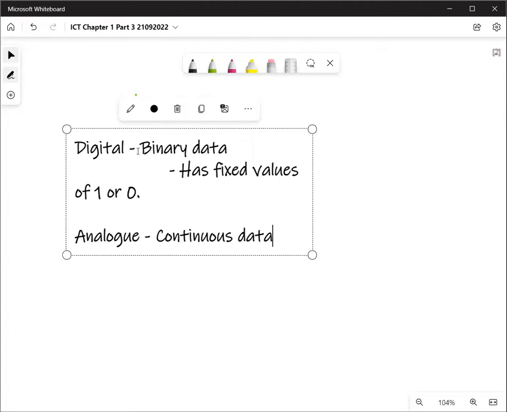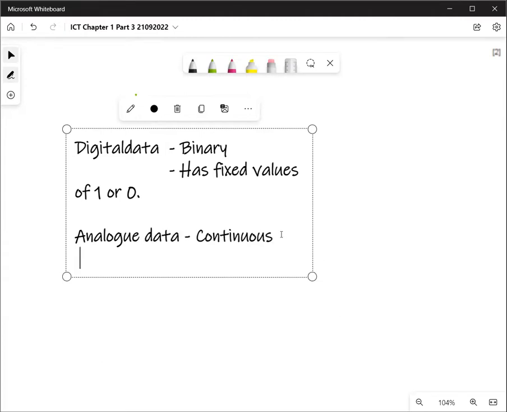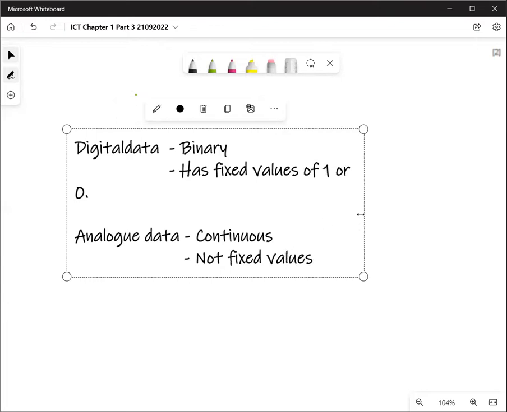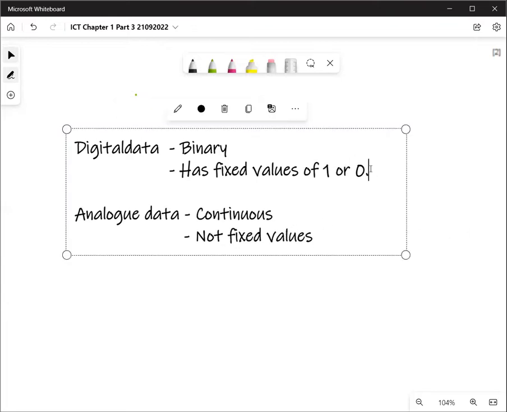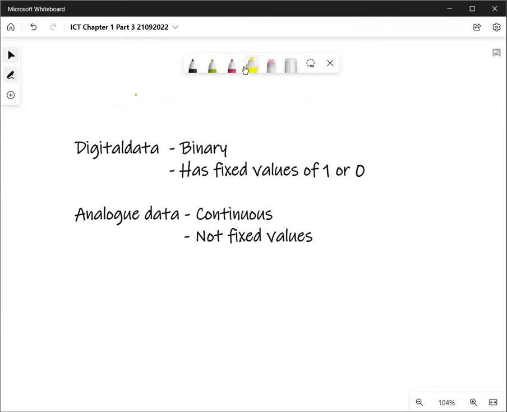Just need to know that digital is binary. On the other hand, analog data is continuous. So we can write here, not fixed values. That's it. Analog.